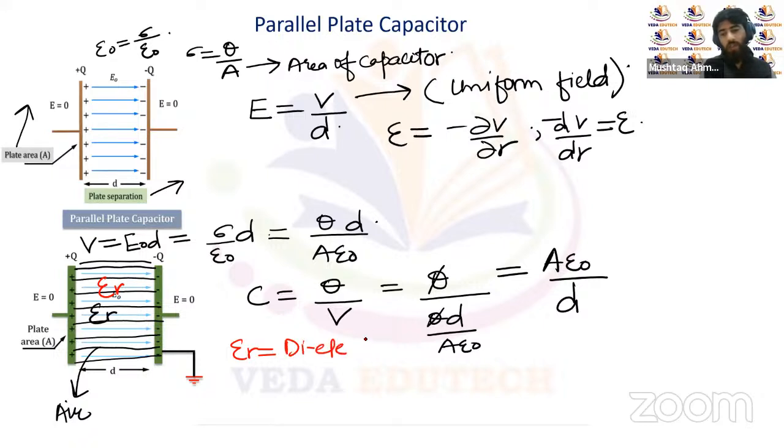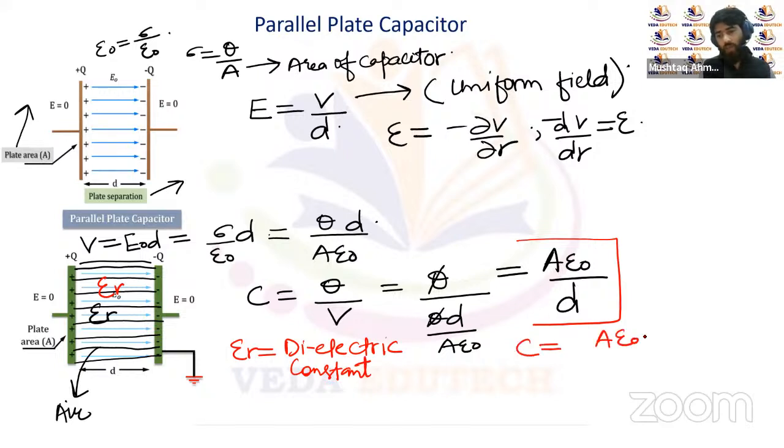If the plates are not filled with any dielectric, then epsilon r will be equal to 1, and we will have capacitance as A epsilon naught upon t. But if it's filled with some dielectric with dielectric constant epsilon r, then the capacitance in that case will be A into epsilon naught into epsilon r upon t.